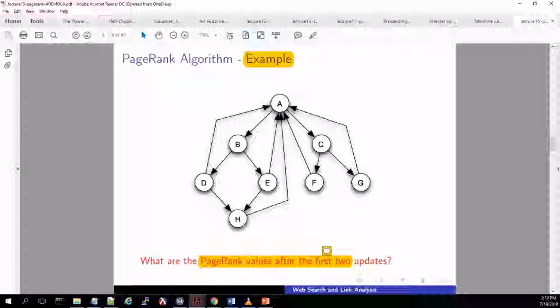Let's look at this first as an introduction to page rank algorithm. This is used in ranking web pages for returns.